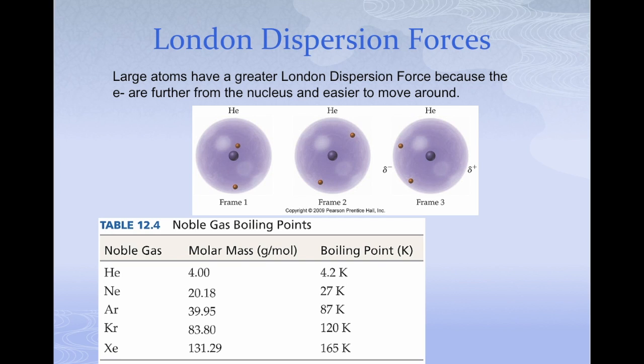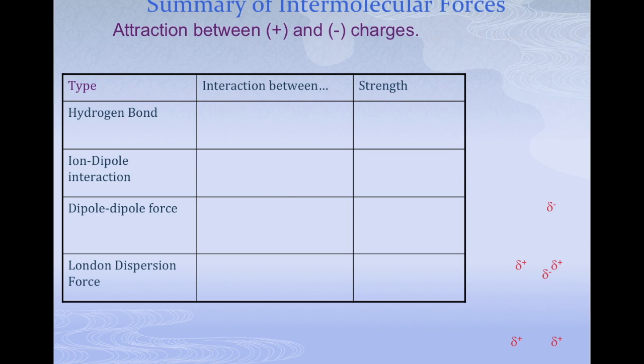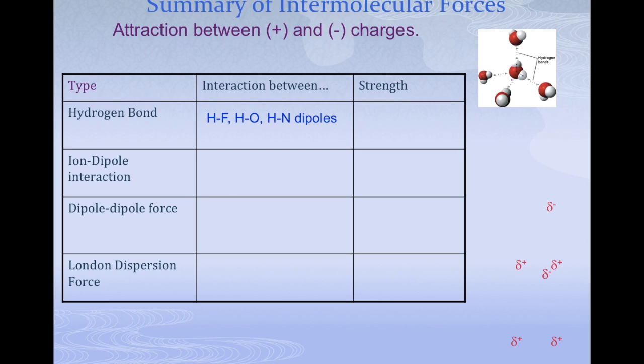And now we're going to summarize the different types of intermolecular forces. All of these forces are due to attraction between positive and negative charges, but the only difference is the nature of the charges. The first type is a hydrogen bond, which is an interaction between molecules that have either an HF, HO, or HN dipole.